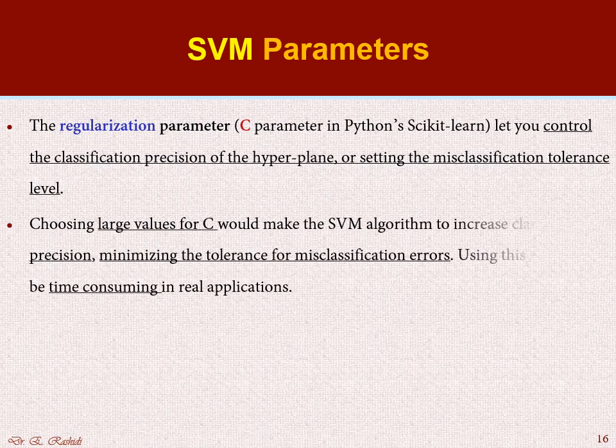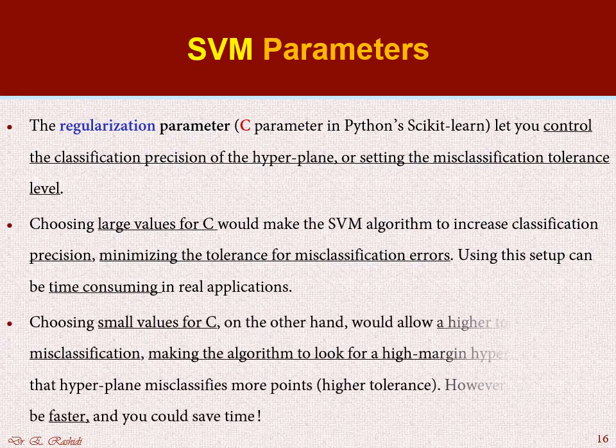Choosing large values or high values for C would make the SVM algorithm increase classification precision, minimizing the tolerance for misclassification errors. Using this setup can be time-consuming, however, in real applications. Choosing small values for C, on the other hand, would allow a higher tolerance for misclassification, making the algorithm look for a high-margin hyperplane, even if that hyperplane misclassifies more points, meaning it has higher tolerance.